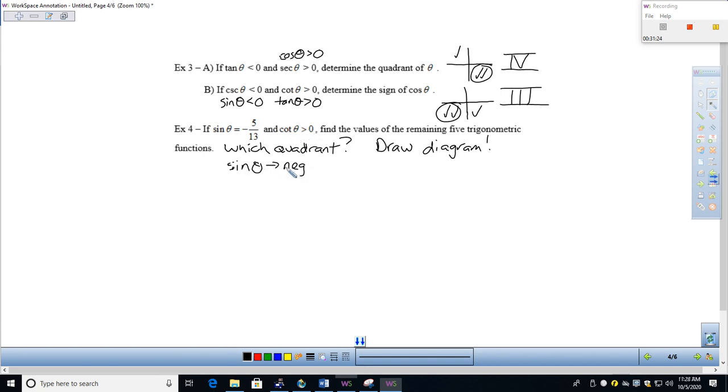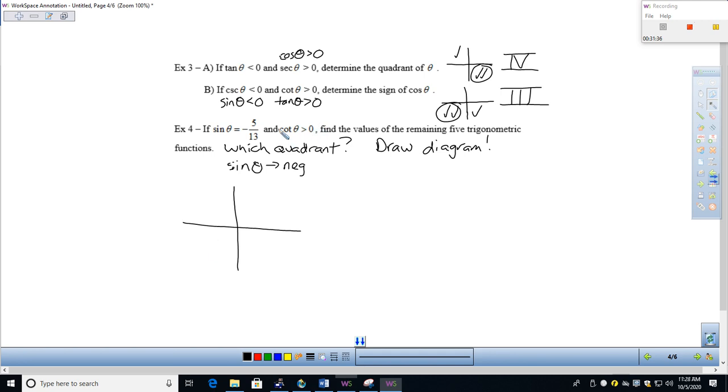So first of all, I start with this. I've got my coordinate plane. I'm going to go ahead and get my coordinate plane ready. So sine of theta, I just saw, is a negative number. So what that means is I'm either in 3 or 4, one of the two. Okay, now I need more information because I don't know if it's in 3 or 4 just yet.